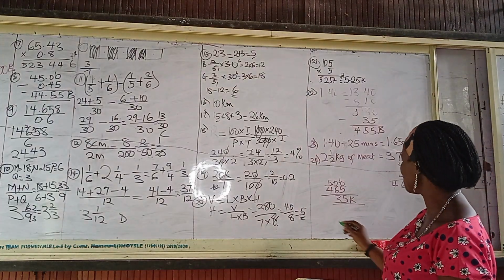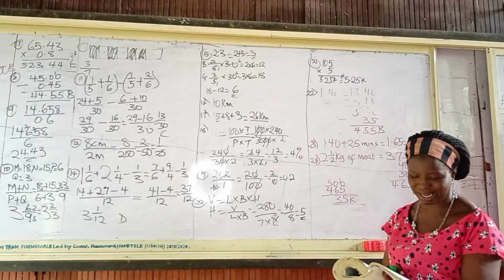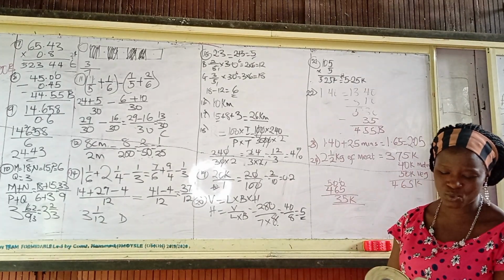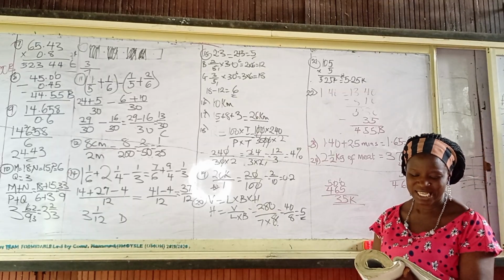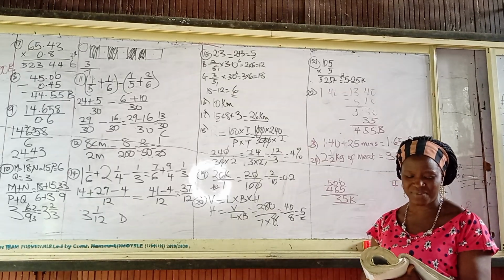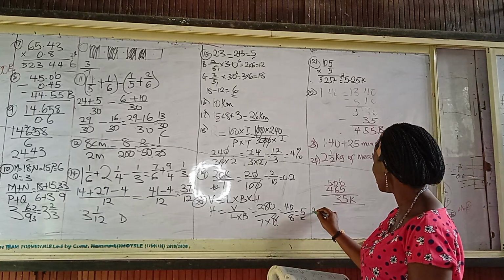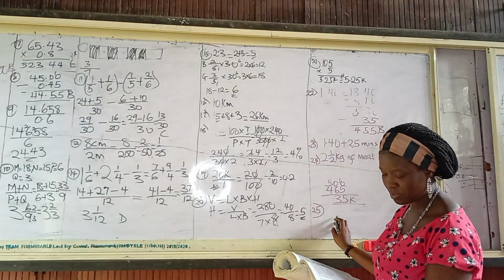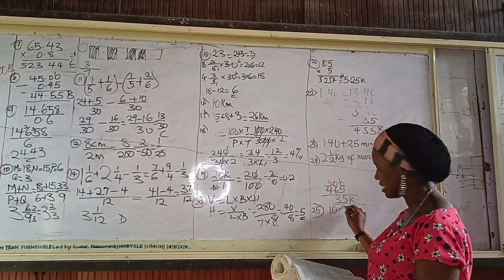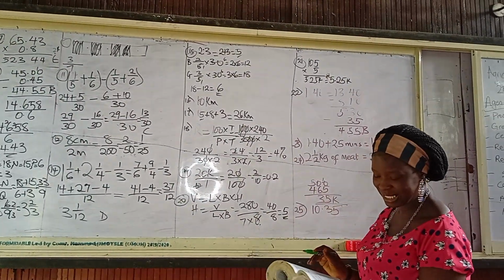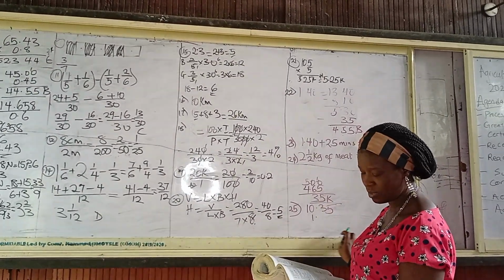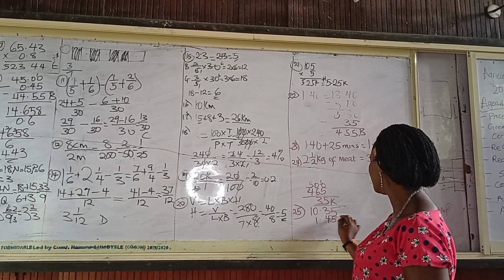Now to our number 25, the last question for today's class. A lesson which takes 1 hour 45 minutes starts at 10:35 a.m. What time does the lesson end? It starts 10:35 and it takes 1 hour 45 minutes. So let's go.